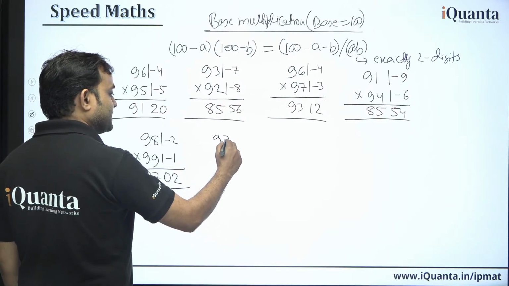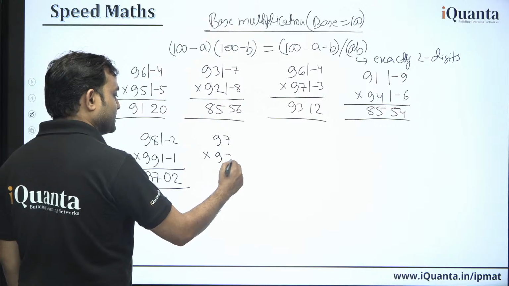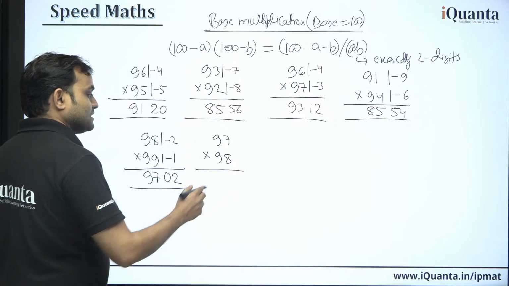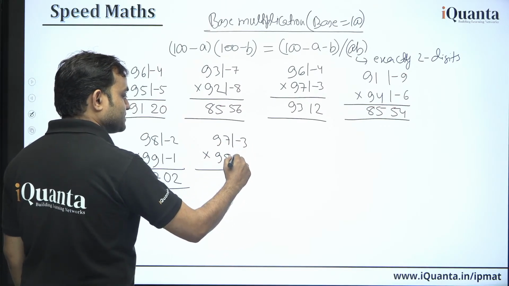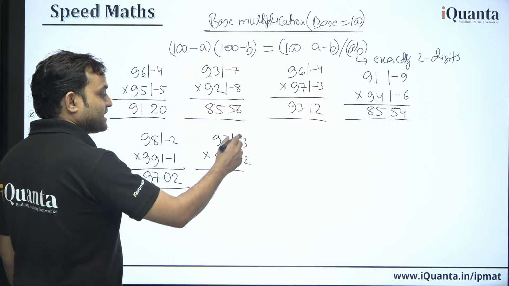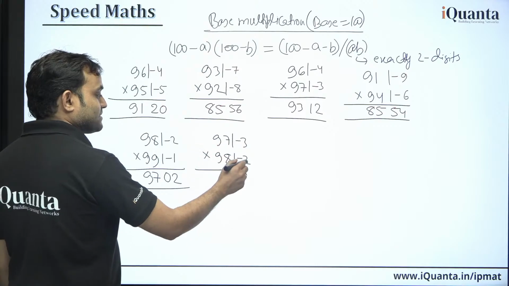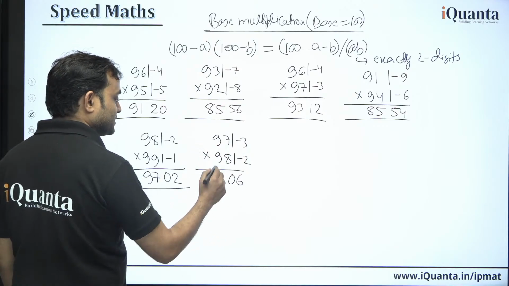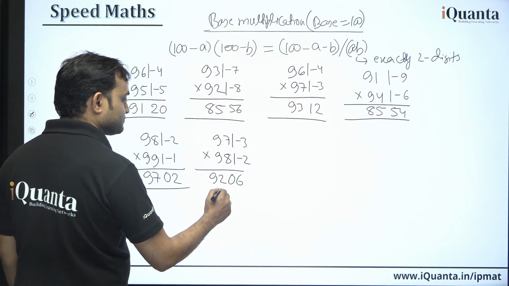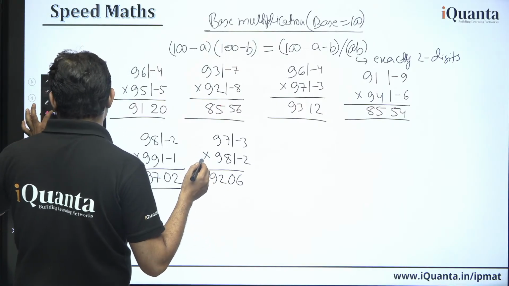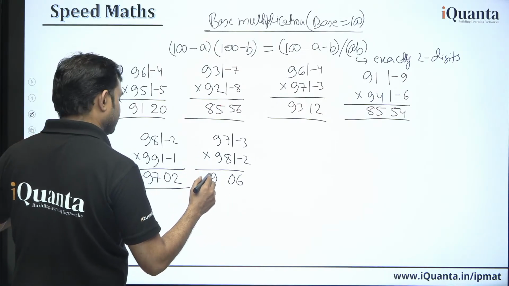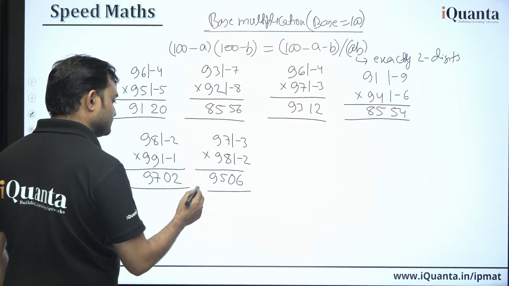Then let's take 97 into 98. Again, the surplus is minus 3 here. The surplus is minus 2. Minus 3 into minus 2 is 6. Put 0 here. 97 minus 2 is 95.